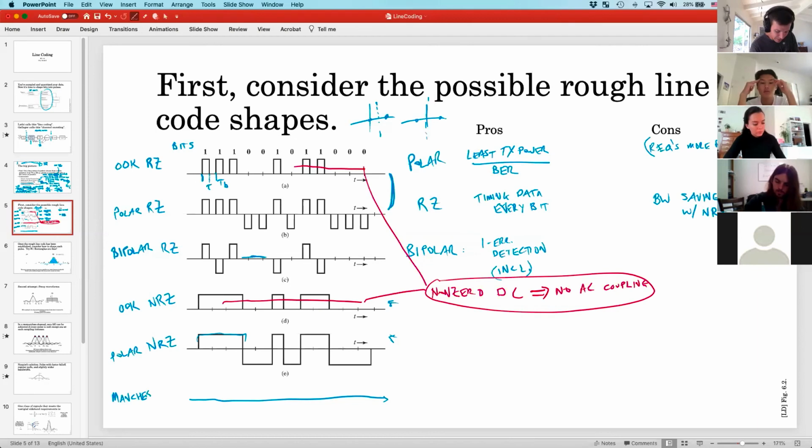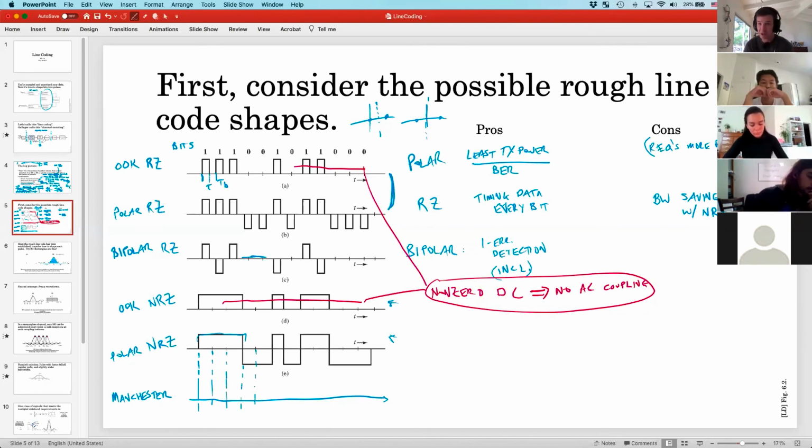I didn't want to give it away, so bear with me while I draw it. Manchester coding is basically trying to take the best of both worlds, best of return to zero and best of polar. I'll just do a couple of them so you get the gist.